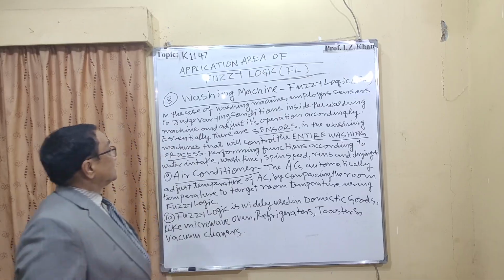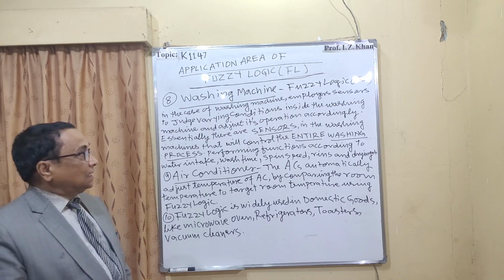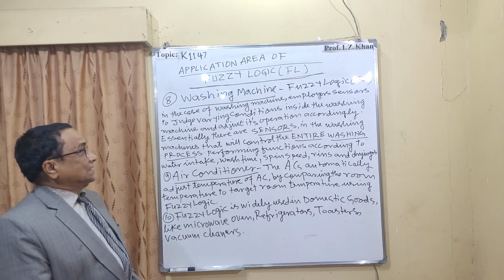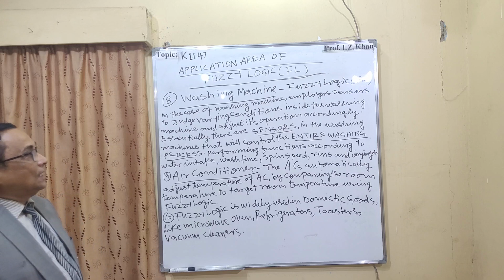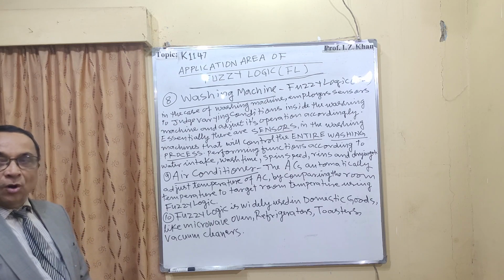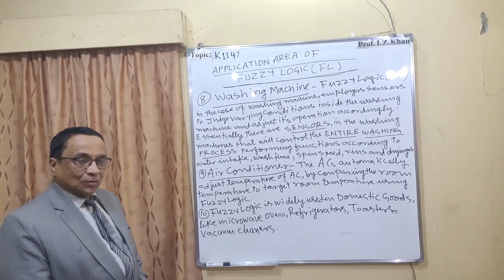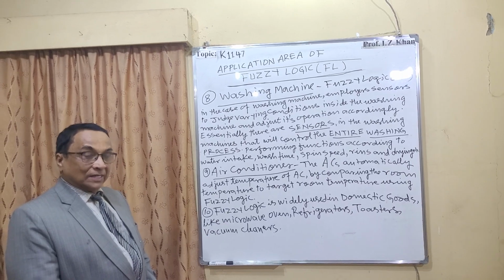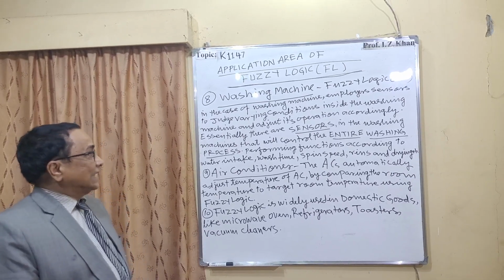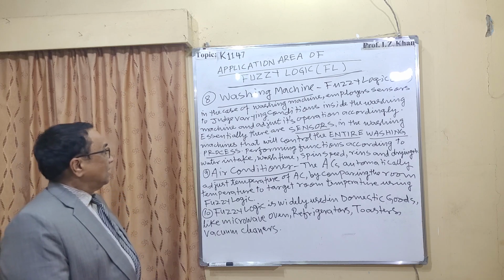So number 8 is the washing machine. How is fuzzy logic used in a washing machine? The fuzzy logic in a washing machine employs a sensor to judge varying conditions. All are controlled by sensors, and these sensors will tell all the conditions inside the machine and adjust its operation accordingly.